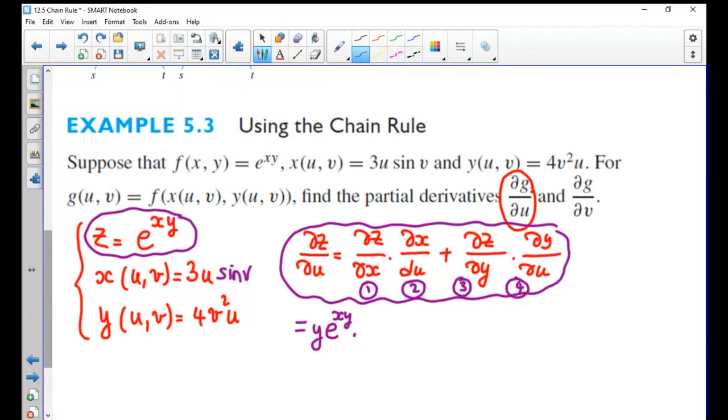What is dx over du? Now look now at the function x. What is its derivative with respect to u? 3 sine v. Yes, thank you. 3 sine v plus, okay, dz over dy now.